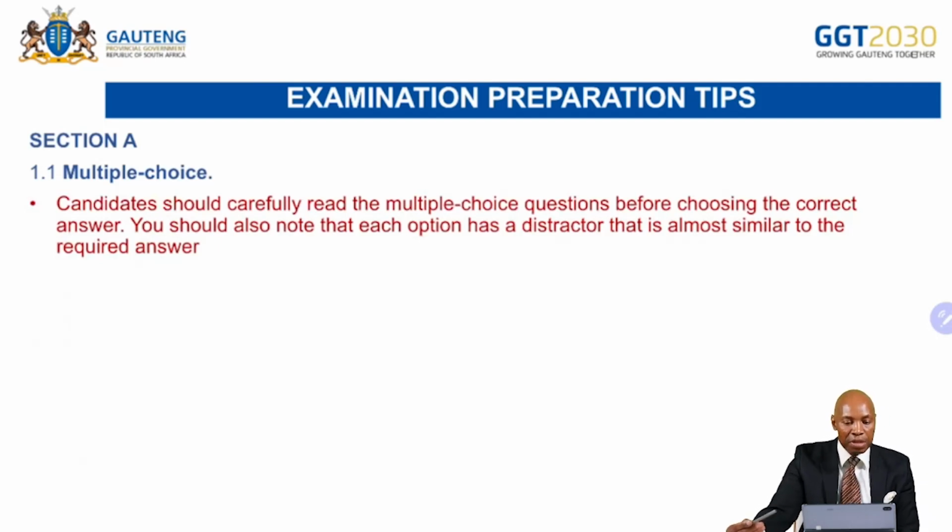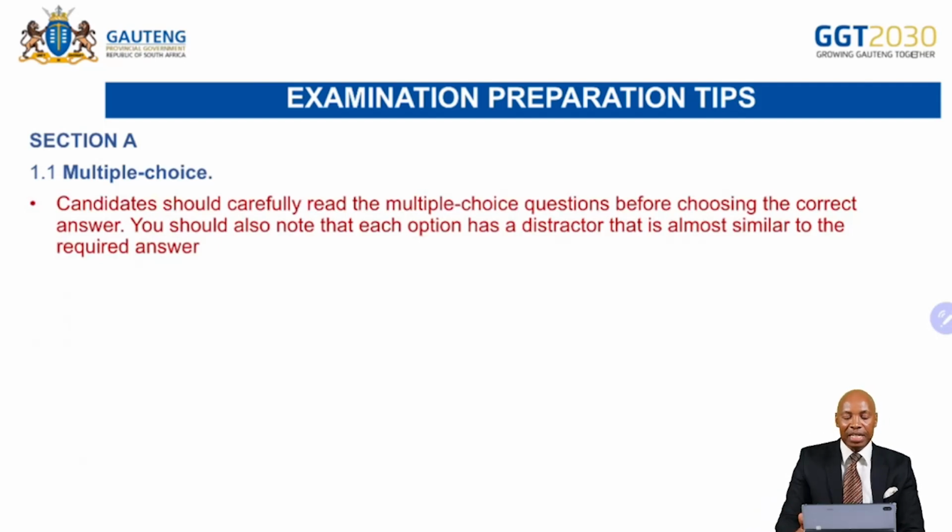What is important about this multiple choice question, candidate, is that you should read the multiple choice question before choosing the correct answer. Remember, in your multiple choice question, you have a distractor that may be similar to the correct answer.